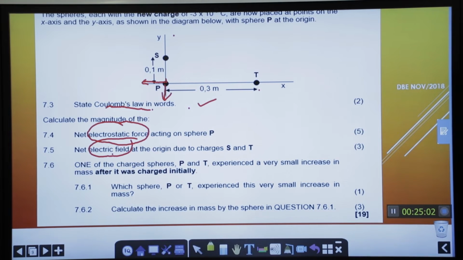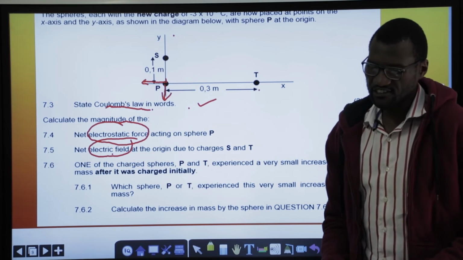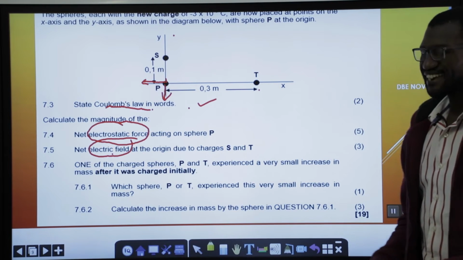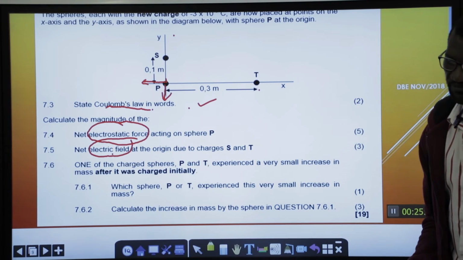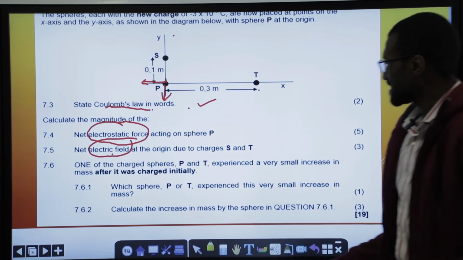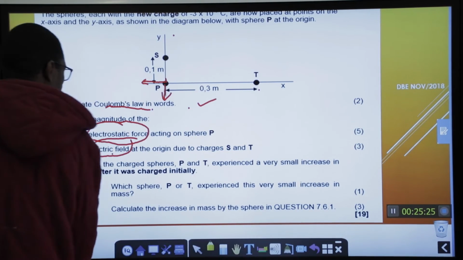One of the charges P and T experiences a very small increase in mass after it was charged initially. After it was charged initially, one of them experienced an increase in mass. Now, what happens when something has an increase in mass?